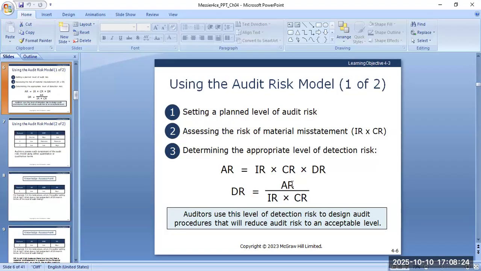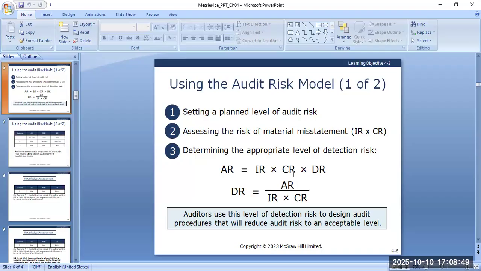How are we going to use the audit risk model again? We're going to set the planned level of audit risk. We're setting up the audit risk, which is the final result. We're going to assess the risk of material misstatement, which is the inherent risk and the control risk.